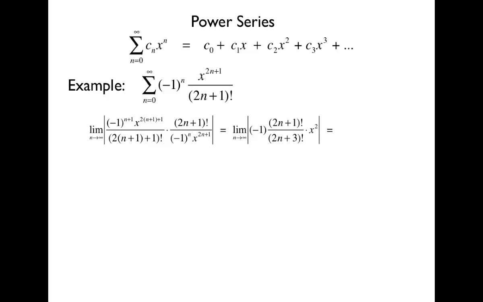Because you have 2n plus 1 quantity plus 1. So n is going up by 1. Do you see it? You have 2 and then another 1, so it's 2n plus 3. So 2n plus 1 factorial over 2n plus 3 factorial is?